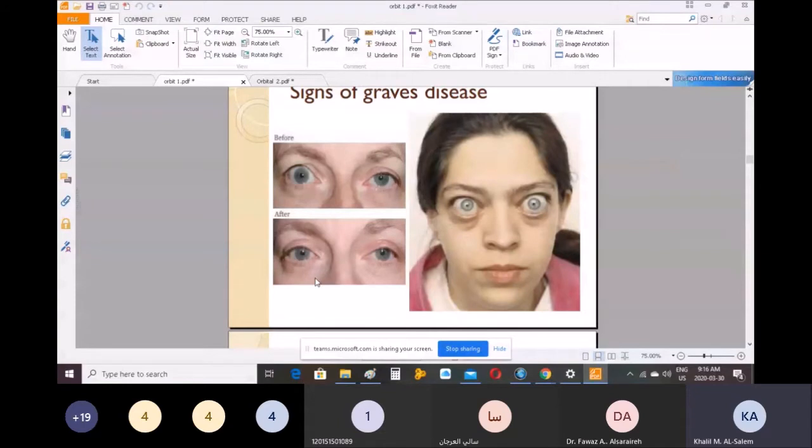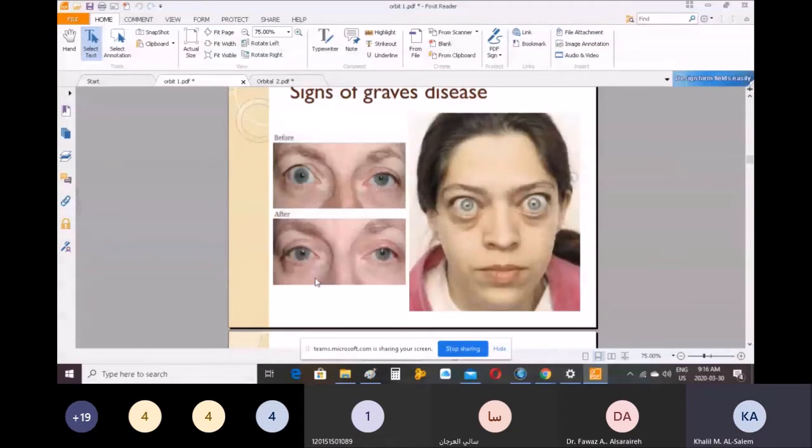Now, what is the difference between eyelid lag and eyelid retraction? Eyelid lag: the lid usually follows the eye. Whenever you are looking down, the eyelid will follow the eye. If you're looking up, it also has to follow the eye.